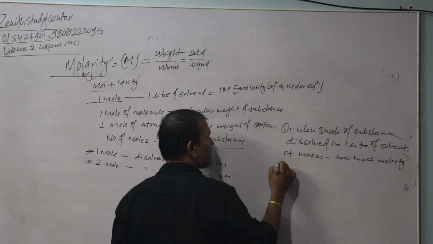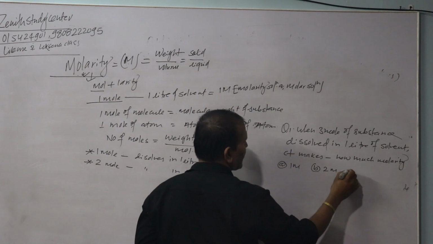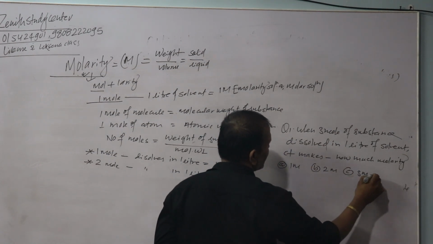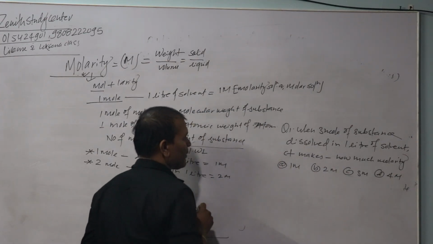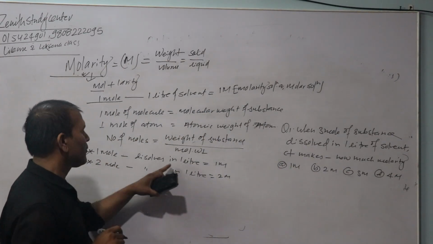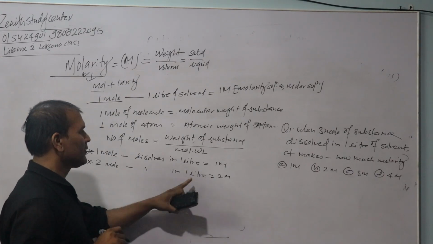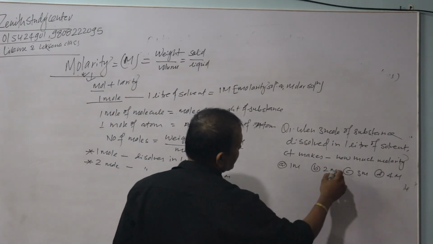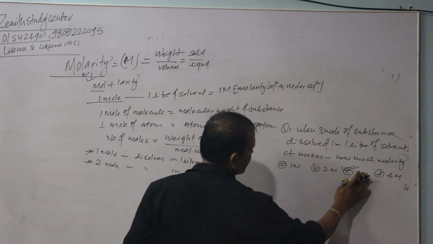Simple question. Option A 1 molar, B 2 molar, C 3 molar, D 4 molar. So we know 1 mole 1 liter is 1 molarity, 2 mole 1 liter is 2 molarity. Likewise 3 moles in 1 liter is 3 molarity.